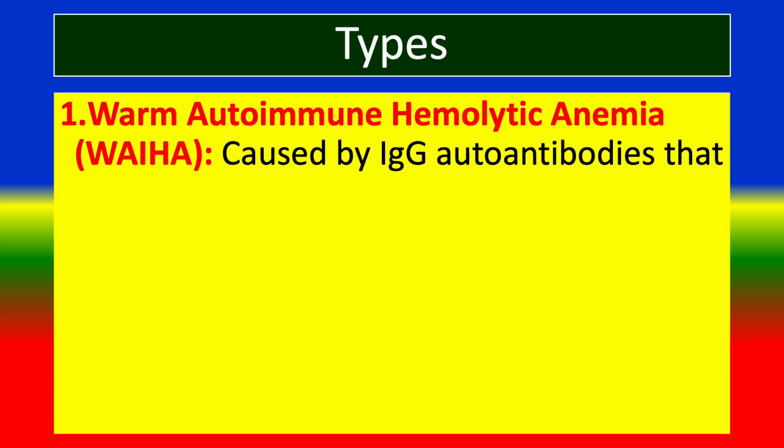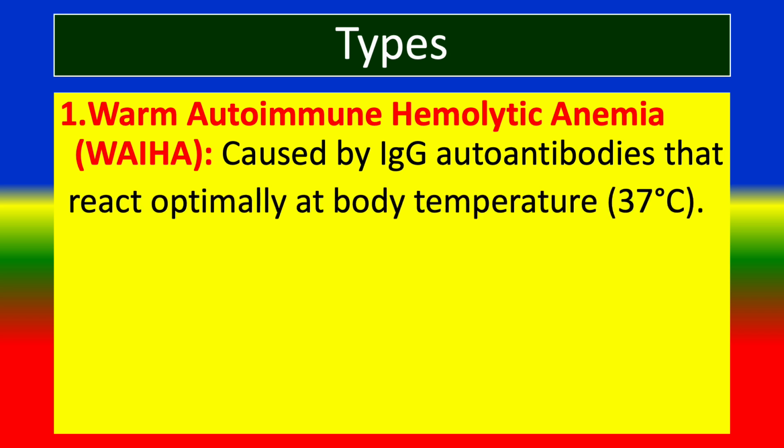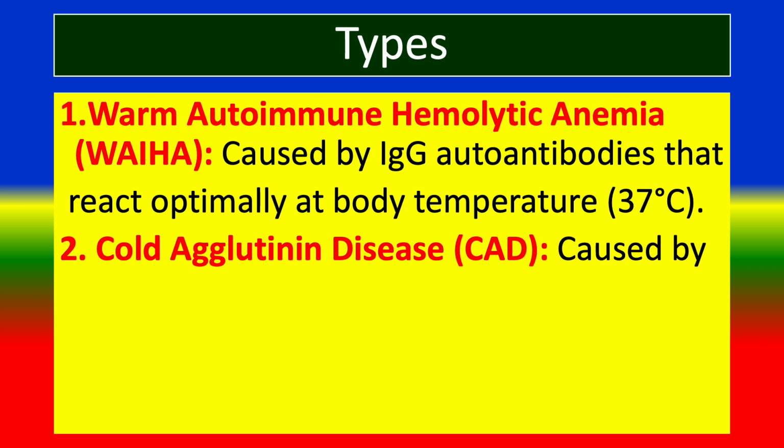Types: 1. Warm autoimmune hemolytic anemia, caused by IgG autoantibodies that react optimally at body temperature, 37 degrees Celsius. 2.